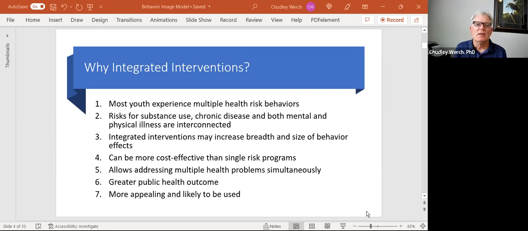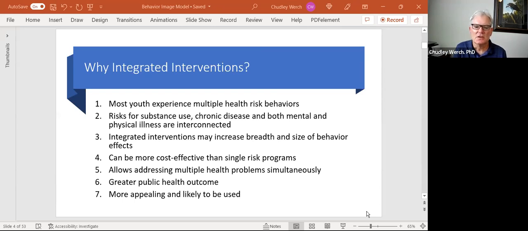Number 3, integrated interventions may increase the breadth and size of behavior effects. It only makes sense: if you're addressing, let's say, alcohol and physical activity, you may have outcomes on alcohol and physical activity, versus if your program is just addressing alcohol prevention. Okay. Number 4, can be more cost effective than single programs because you're addressing multiple risks. Number 5, allows addressing multiple health problems simultaneously.